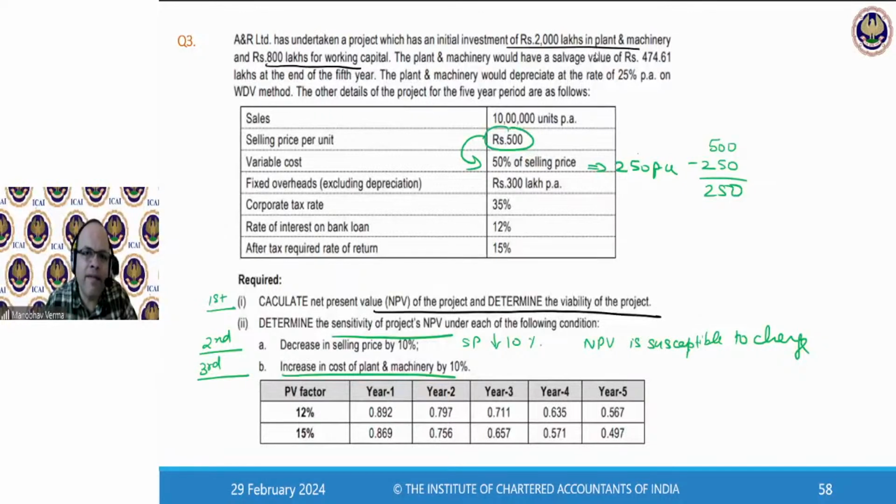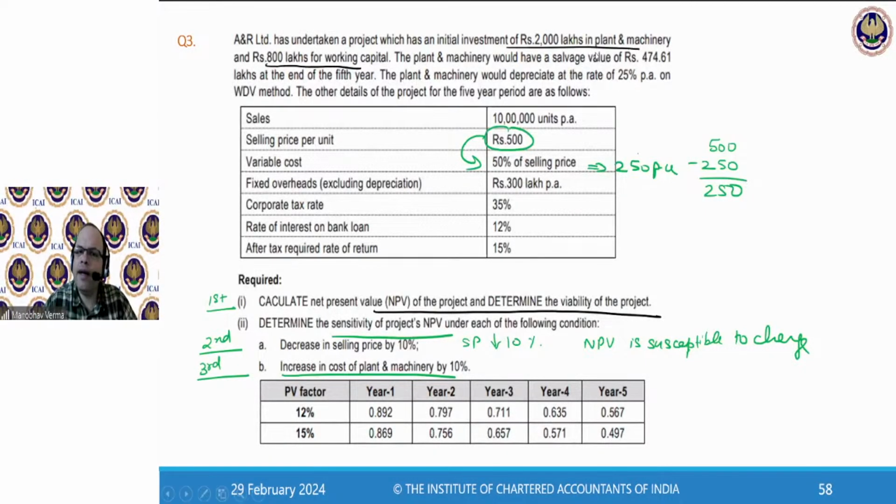Okay, guys, is everyone with me on this, when I say you're talking about a contribution of 250 into 10 lakhs and then minus 300 lakhs? What is the amount we are getting, guys? Can anyone tell me in this particular question?